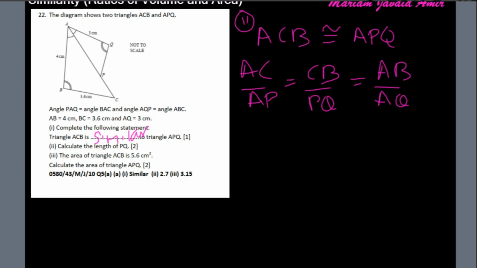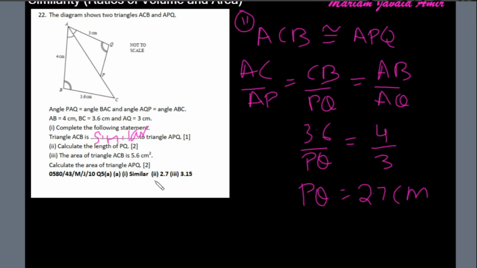No. Do we have CB? Yes, CB is 3.6 over PQ, which we need to find, equals AB is 4 over AQ is 3. So PQ is simply 3 times 3.6 divided by 4, which gives 2.7 centimeters, which is the answer. Part 3, so this came out to be 2.7.